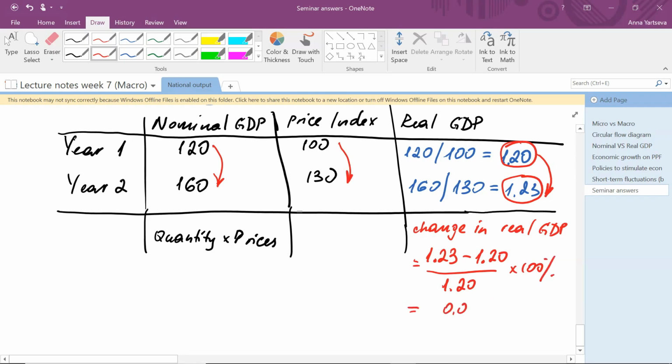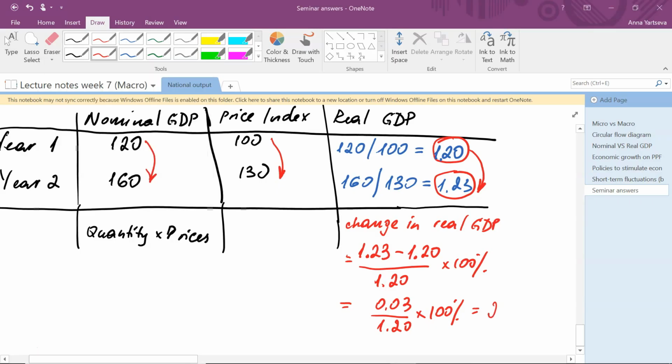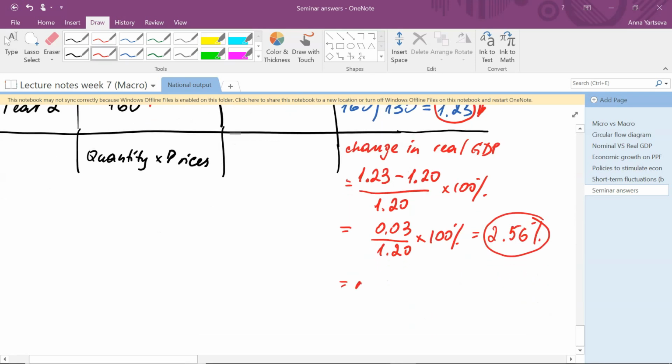So it will be 0.03 divided by 1.2 times 100%, which will be 2.5%. So this is the rate of economic growth. This is the actual rate of economic growth in a country, which is realistic.